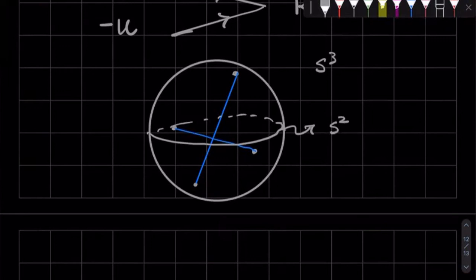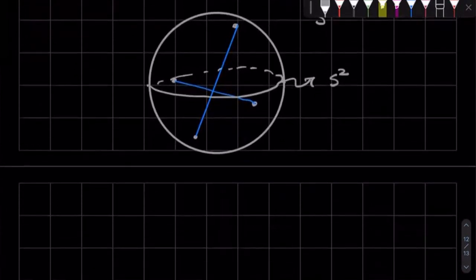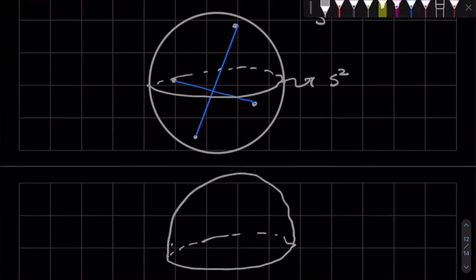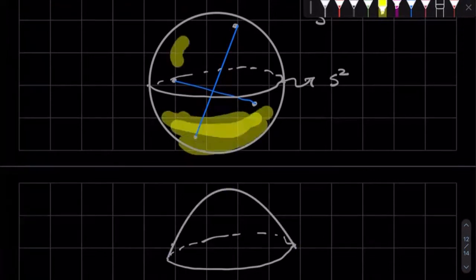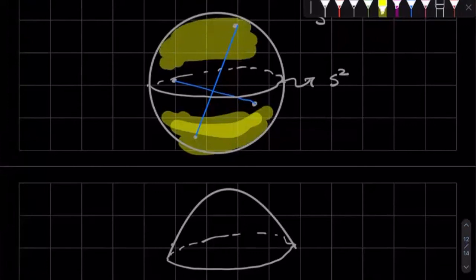So we can represent the 3-sphere under this identification just as the northern hemisphere, because all the points in the southern hemisphere are now being represented by the northern hemisphere. But those points which were on the equator are still oppositely identified, because we cannot get rid of the equator, otherwise our space won't have a boundary.